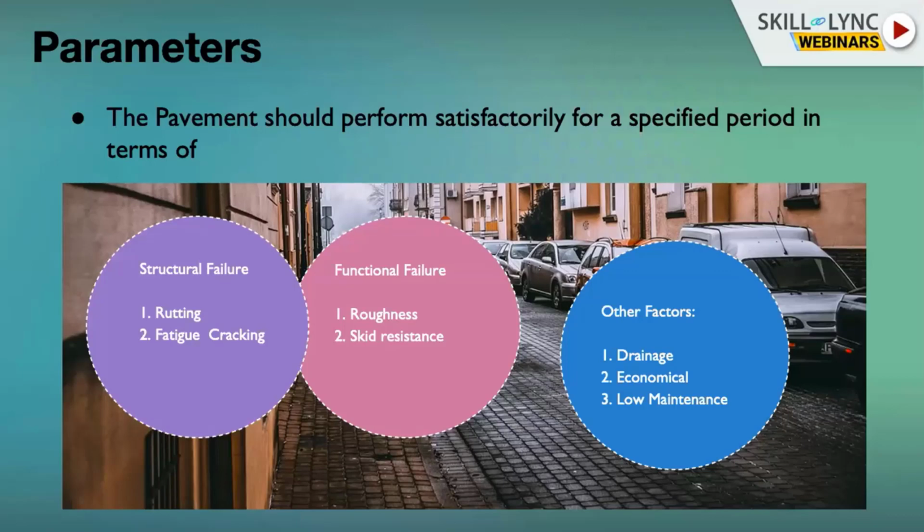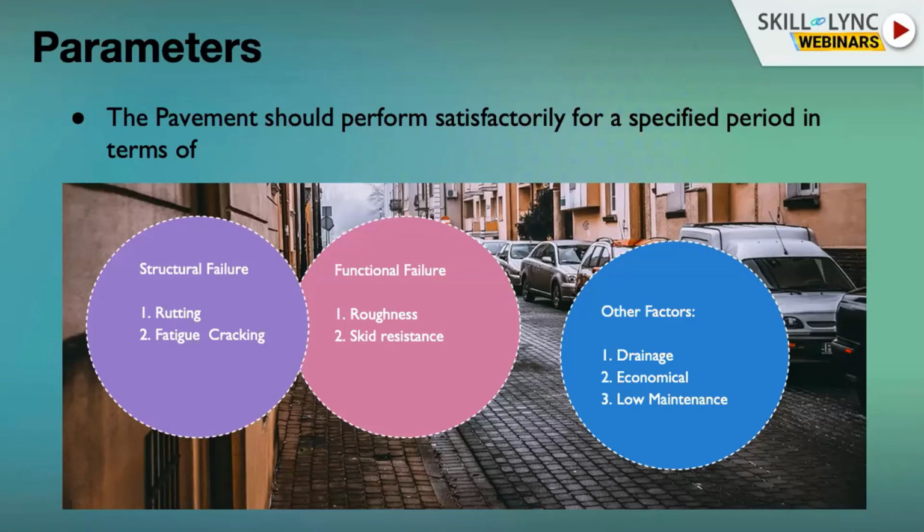So it is not economical. It may be safe, it may be strong enough to bear the load, but it is not economical. We have to take care of that as well. And also the maintenance should be as little as possible. We cannot go for very high maintenance roads. So these are the parameters.